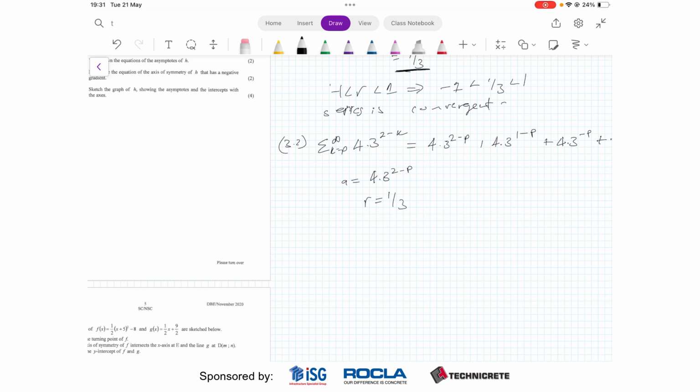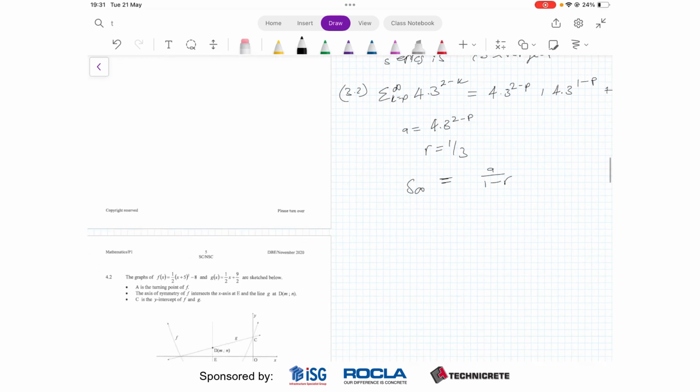Now, the sum to infinity is given by a over 1 minus r. And we were told in the beginning of our question that our sum to infinity is equal to 2 over 9, which is equal to a, which is 4.3 to the power 2 minus p, all over 1 minus 1 over 3.